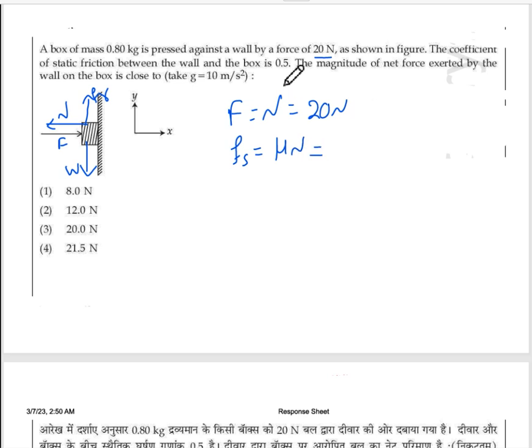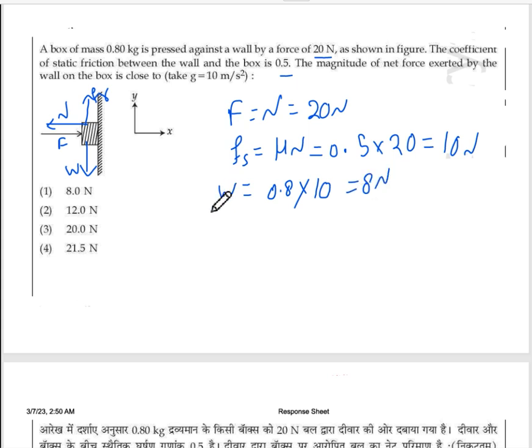Mu of static friction is given as 0.5, so 0.5 into 20, which is 10 newton. So the frictional force is 10 newton. If we calculate the weight, the mass of the object is 0.8, g is 10, and the formula is mg, so it will become 8 newton.